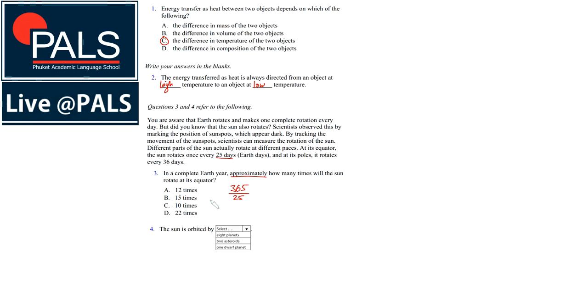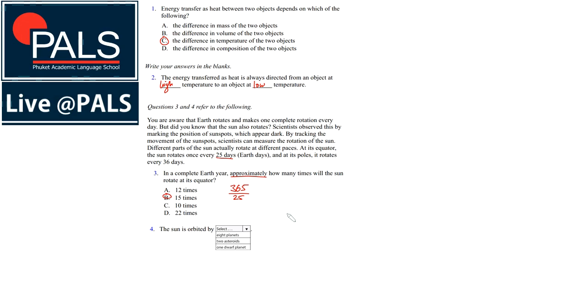Approximately that should be around 15 times. 10 times is 250, 12 times 300, 14 times 350, and then plus 15. We round to 15 rotations, so the answer is B here.